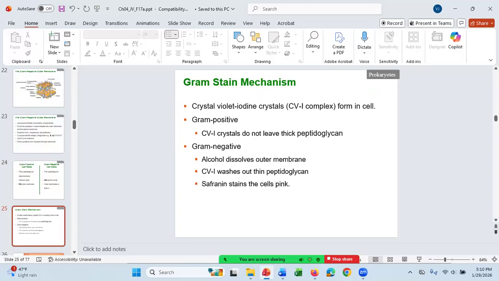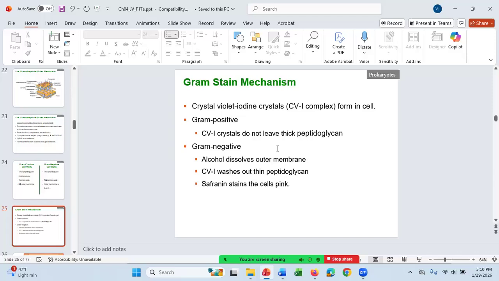All right. The gram stain mechanism happens because of the difference in the cell walls. The crystal violet iodine complex forms in all cells. In a gram-positive cell, the crystal violet iodine complex does not leave the thick peptidoglycan layer.